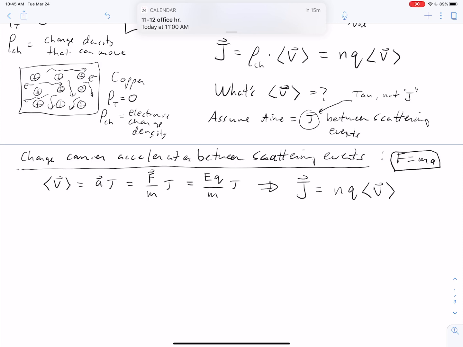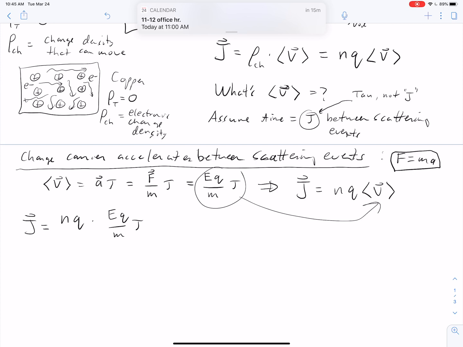So I just plug the velocity into this simple little formula right there. And so then that gives us that J, the current density, is equal to nq times E q over m tau.